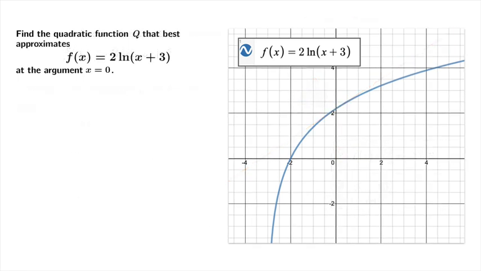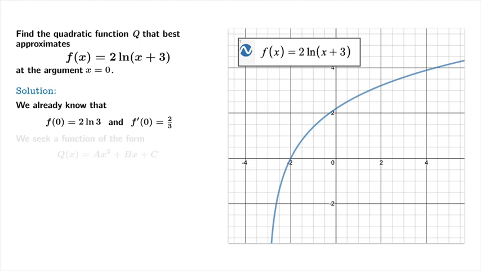All right, well, let's play the next most complicated game. How about: find the quadratic function q that best approximates this function at the argument x = 0. We already know that f(0) is 2 ln 3 and f'(0) is 2/3. Let's hold on to those facts because they're going to be useful in a moment.